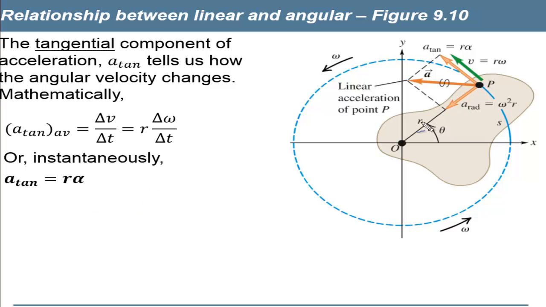And the radius doesn't necessarily have to be the radius to the far point on the object. We're just concerned with the acceleration at this point P. If we are concerned with a different point, then it would obviously change the radius, and so we would get a different tangential acceleration.